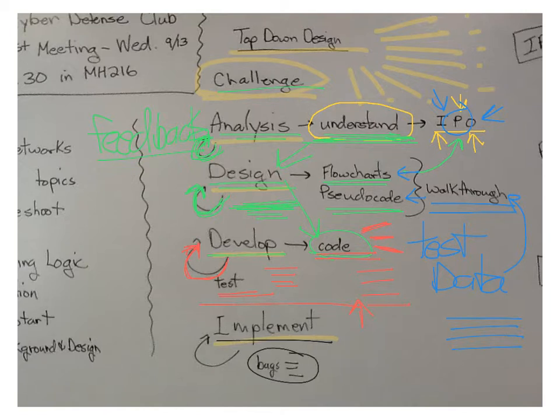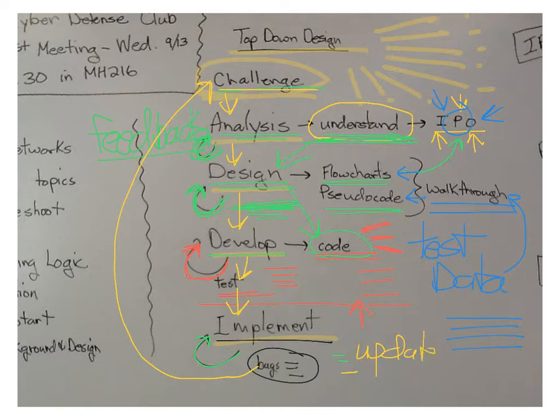Of course, even though you implement it, you're still going to have some bugs, and if you have some major things, what happens here is you go all the way up here, determine exactly what the problem is, analyze it, design a patch, write the code for the patch, test the patch, and then distribute the patch. Right? Updates. I suppose anybody who's worked at all with computers has heard of updates.